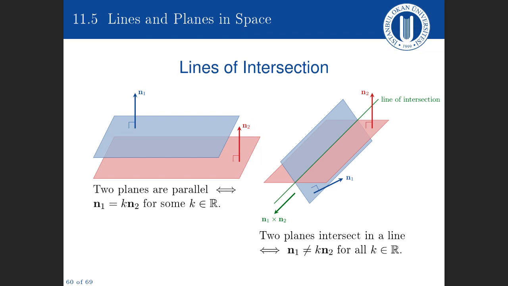Or the other possibility is that the two planes intersect in a line, called the line of intersection. They intersect if and only if n1 is not equal to a constant multiplied by n2. Or to say that another way, if n1 is not parallel to n2.